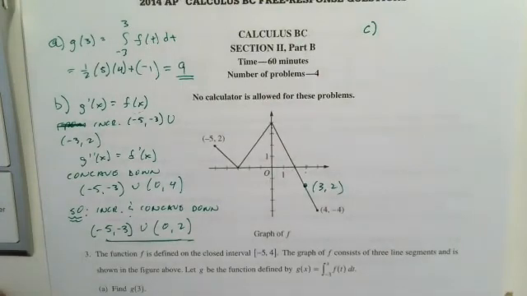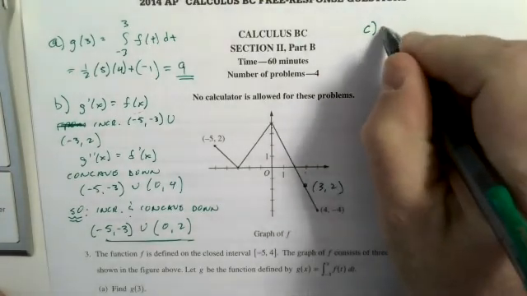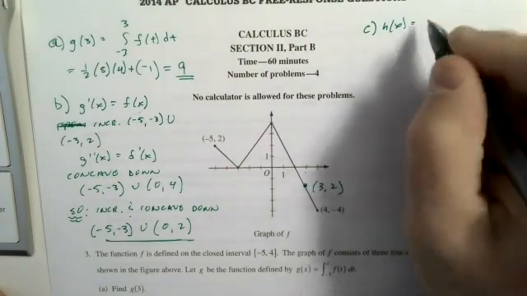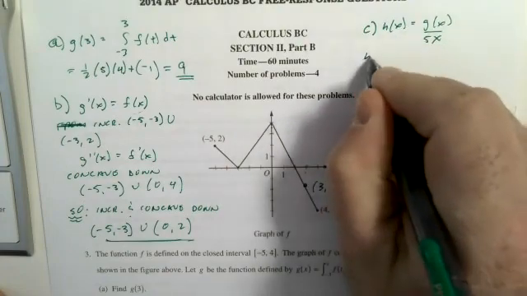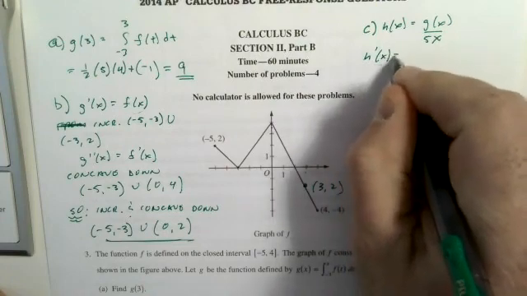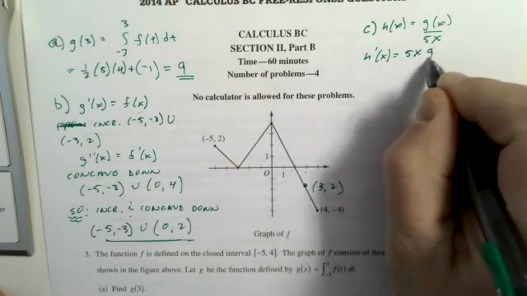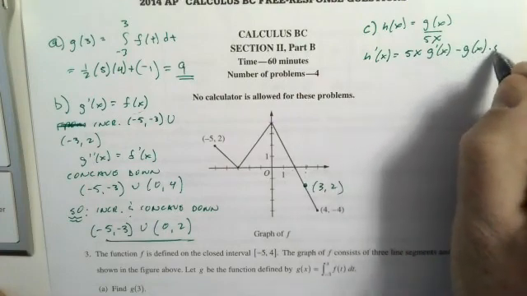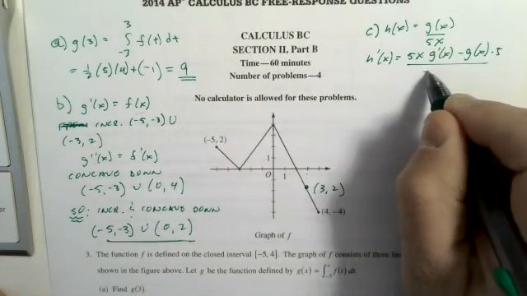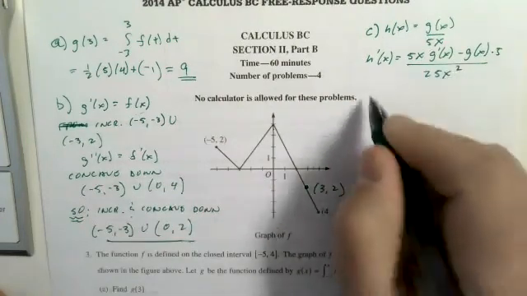Function h is defined. Find h prime of 3. H of x equals g of x over 5x. H prime of x equals low, d high minus high, d low over low squared.